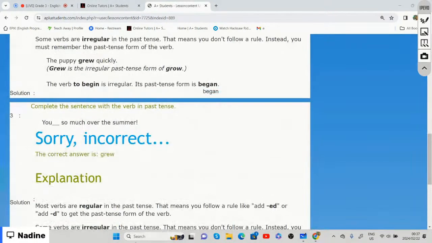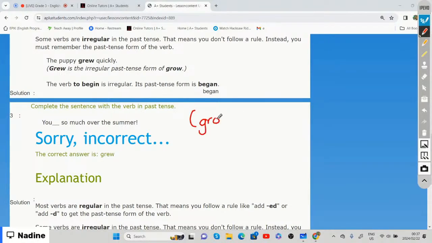So do we say you grow so much over the summer, or do we say you grew so much over the summer?